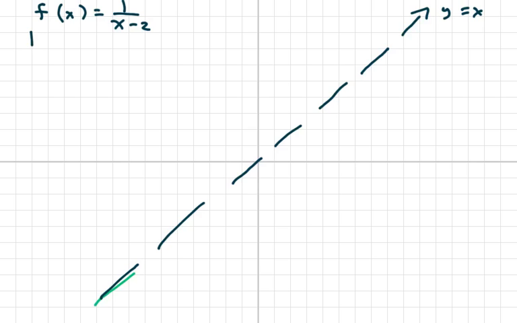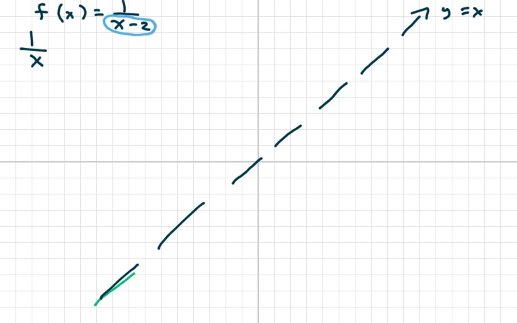You should know what 1 over x is. In that case, we have a horizontal and vertical asymptote at x equals 0 and y equals 0. But this is a horizontal shift to the right by 2.